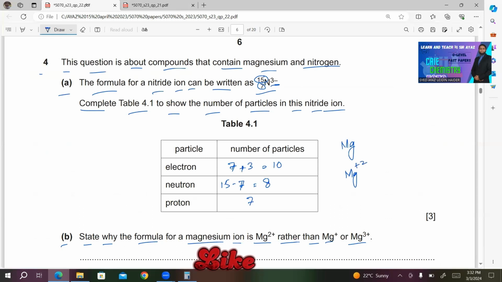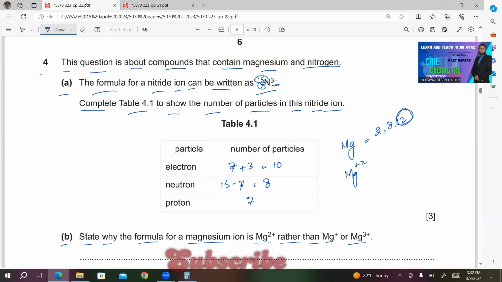Now, what is the difference between Mg and Mg plus 2? In Mg plus 2, it has lost 2 electrons. The proton number of magnesium is 12, which means it has 12 electrons. If you write the electronic configuration, it must be like this: 2, 8, 2. So these are the 2 electrons in the valence shell.